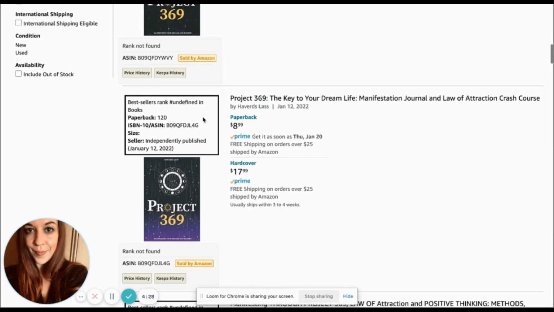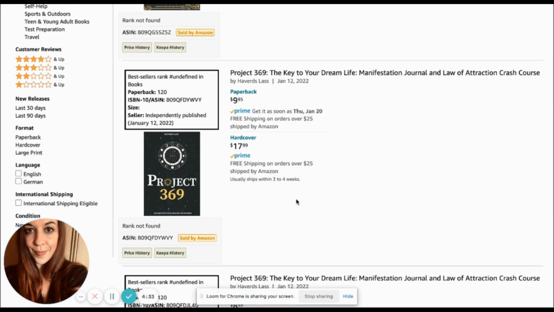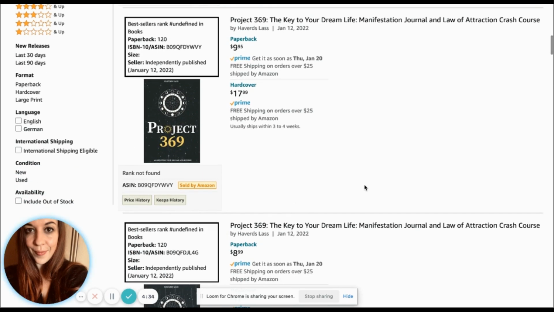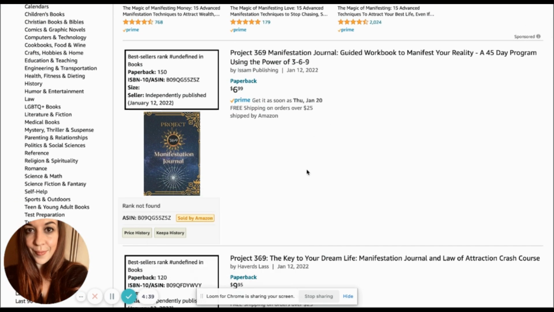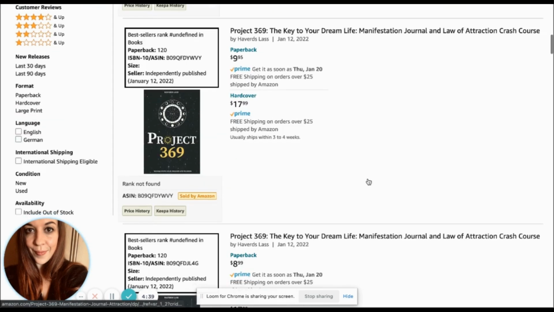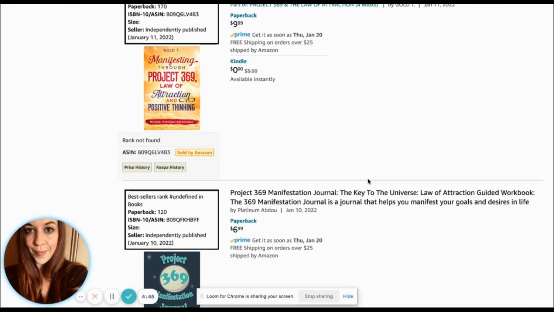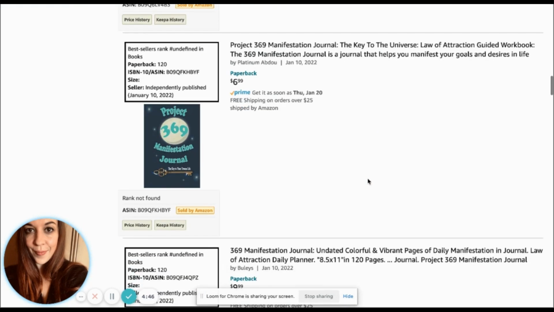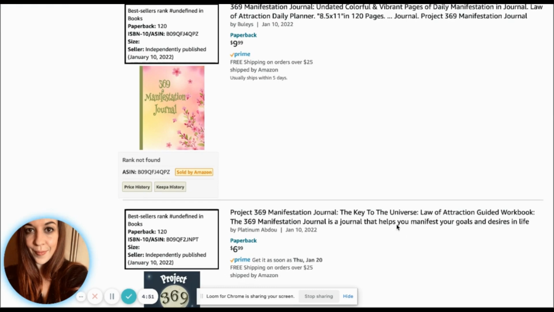I think a lot of these you could consider as higher content books, apart from this one, but this is going to have some content as well because it's a guided workbook. So it's going to take you more time than just a notebook or something. But this could still be worth your while, especially when they're charging those kind of prices.